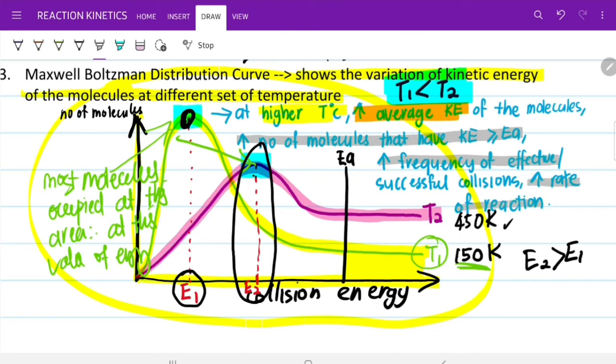So how does this Maxwell Boltzmann distribution curve show the number of successful collisions? This is the activation energy of the reaction. Under the peak at T1, the shaded area in yellow here refers to the number of successful collisions at T1. Whereas at T2, I will have a greater number, which is represented by this area.